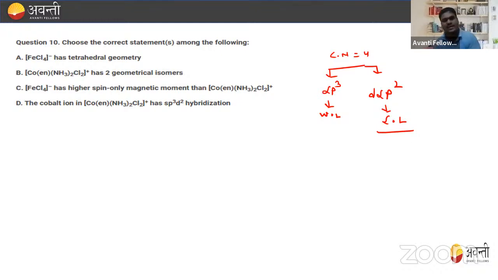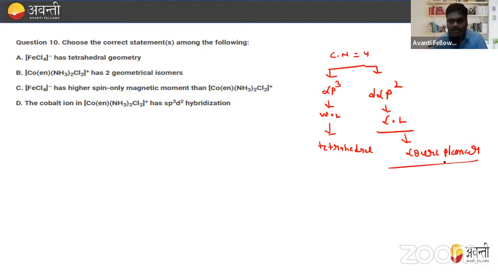So we know that Cl is a weak ligand, so it has tetrahedral geometry. Whenever it is sp3, it means tetrahedral, and dsp2 means square planar. So we can easily identify that FeCl4 has a tetrahedral geometry. So this is absolutely correct. So this one is correct.